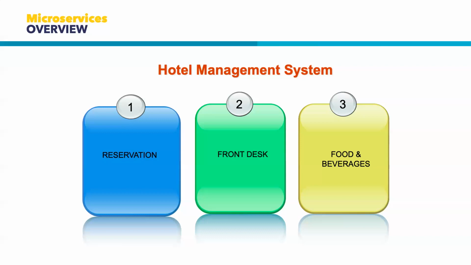What will happen is that because these are independent, I can actually create two food and beverages services and deploy them on two different servers to distribute the load. So it doesn't slow down the system, because now two servers are running the same service and performing the load balancing correctly. I will explain that later on in the sample scenario.